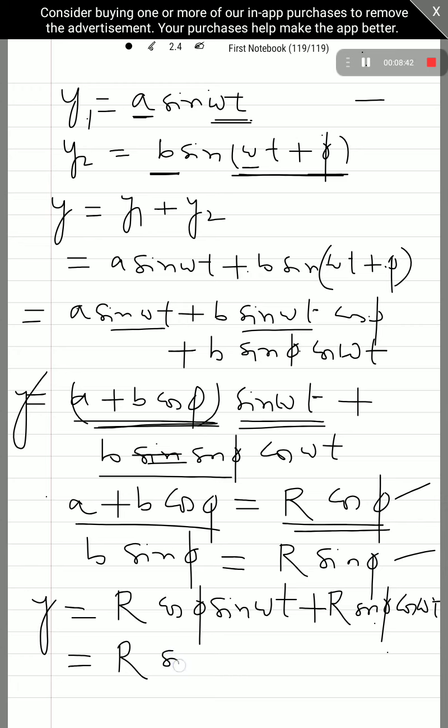So this is y. Now the only thing to be found here is R.